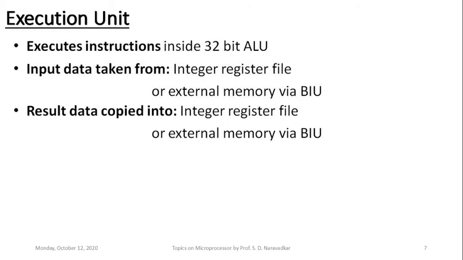Of course, that memory location must be generated by the memory management unit. It means that whenever a result is to be copied to external memory, or even input data is to be taken from external memory, the generation of the memory address must be done by the memory management unit along with the BIU.